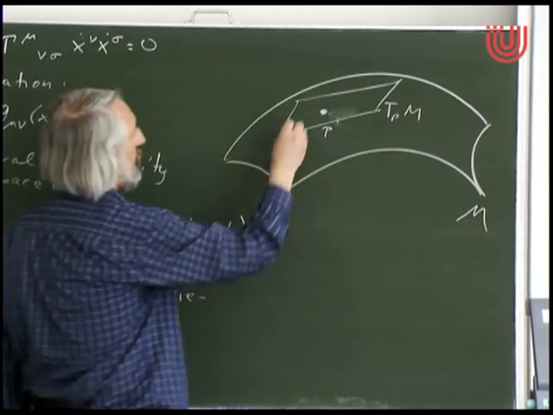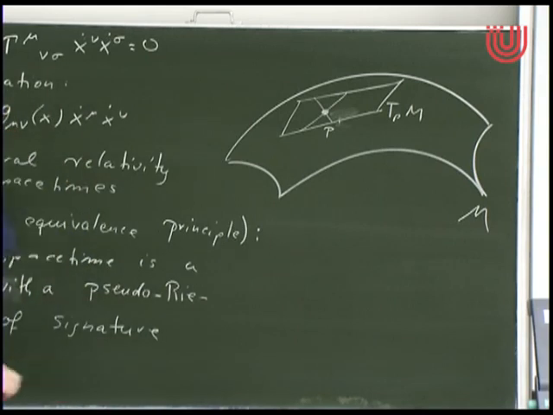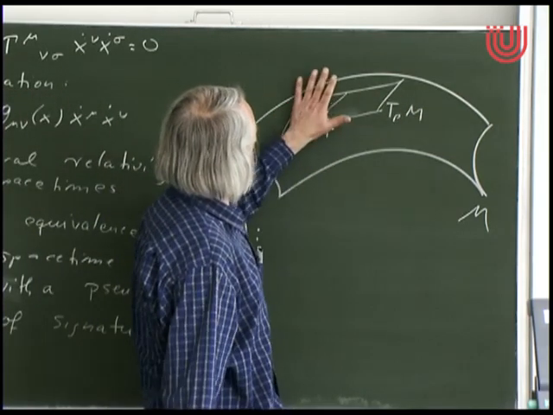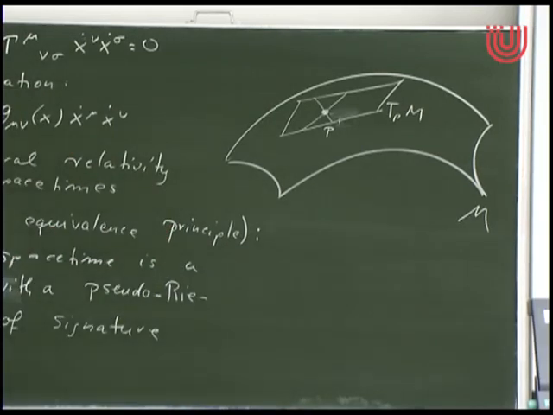So in particular, we have the light cone here on the tangent space. But the whole manifold is curved, so I cannot identify tangent spaces at different points in an obvious way. This is what curvature brings about. It tells us that the tangent space at one point and the tangent space at another point cannot be identified in a natural way.